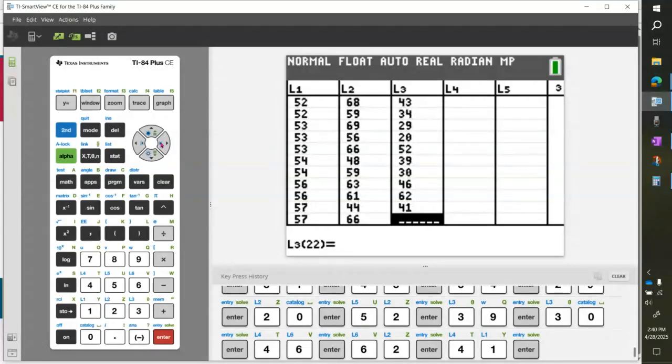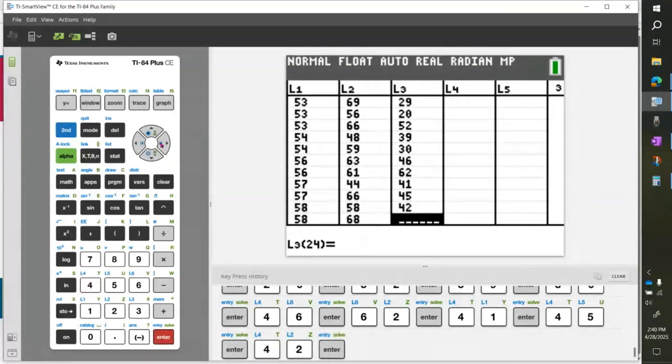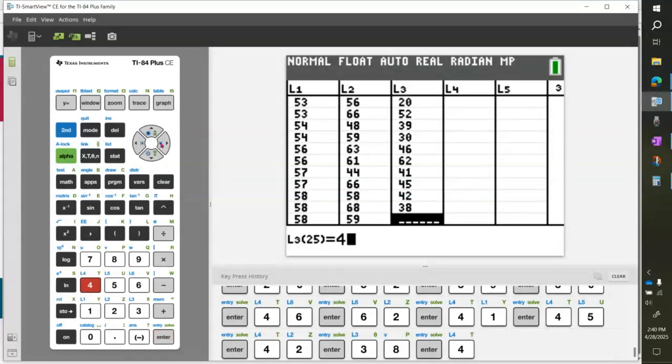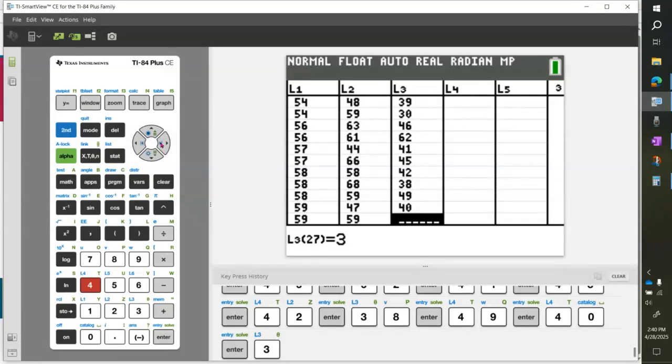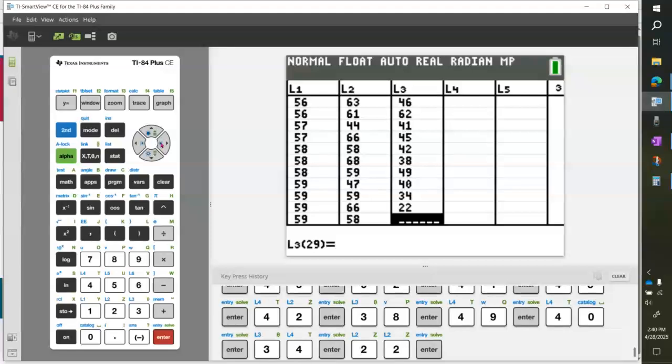And then 45, 42, 38. And then 49, 40, 34. And then 22, 37, 53.